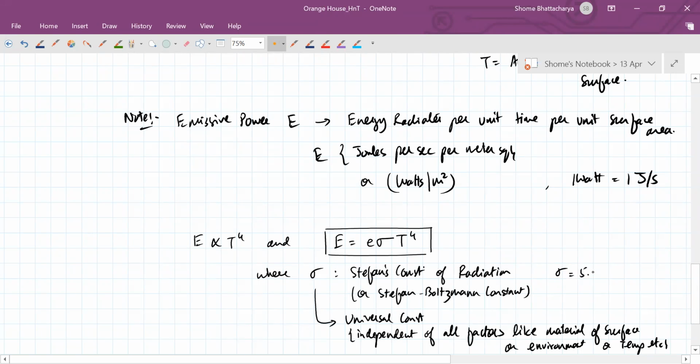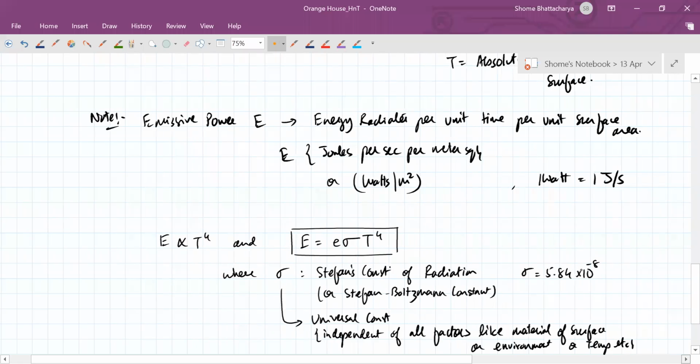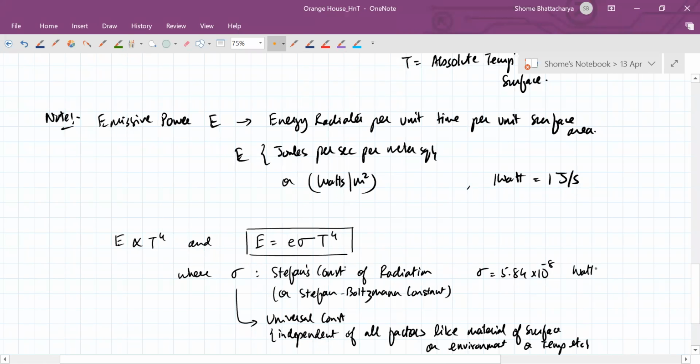It is given by 5.84 into 10 raised power minus 8 watts per meter square Kelvin to the power 4. So again, this is the experimentally determined value.